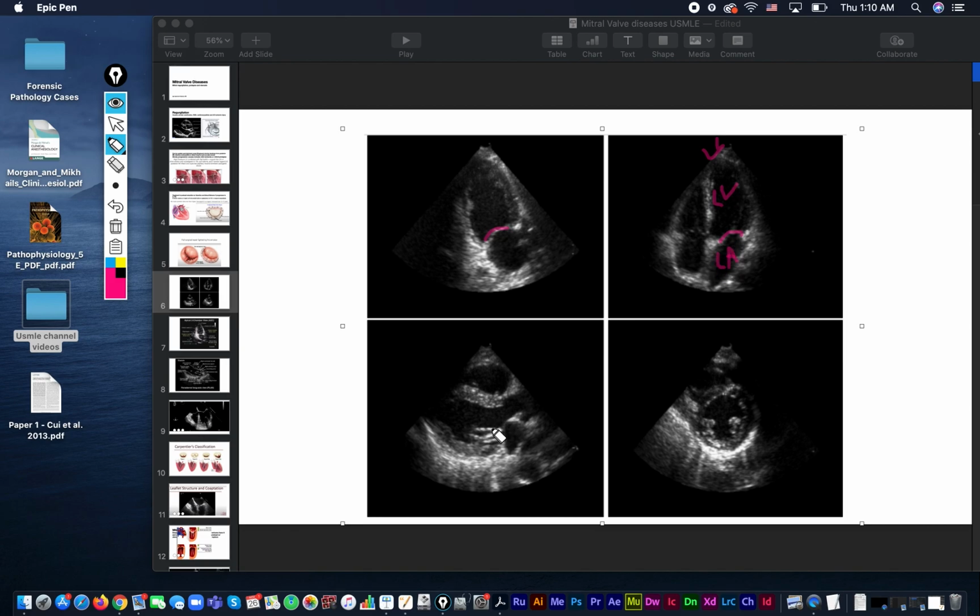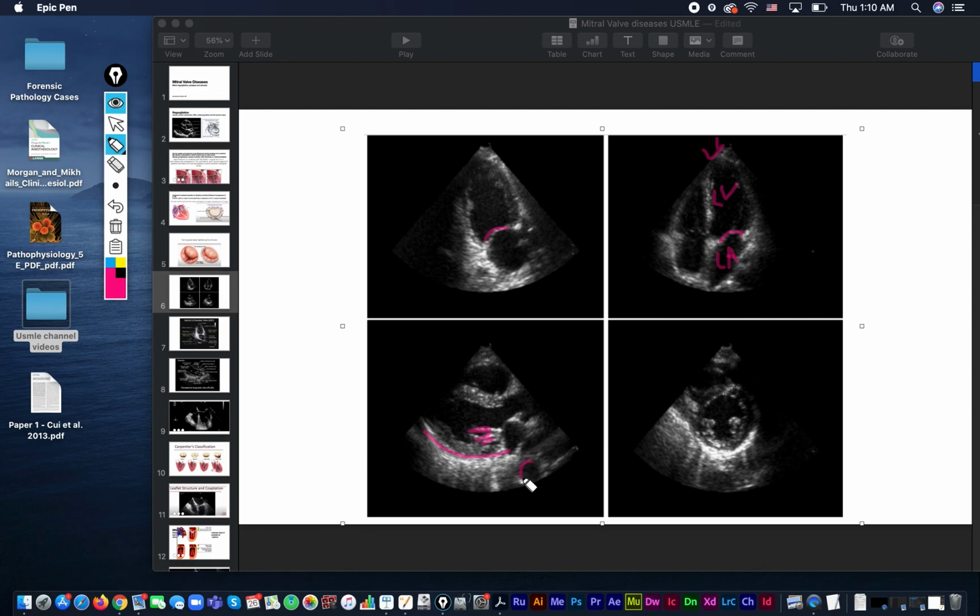This is parasternal long axis. I'm not sure if this has a disease because of all of this. That's a bad picture of a parasternal long axis, but it also gives you the pericardium, so you can rule out some other differentials.